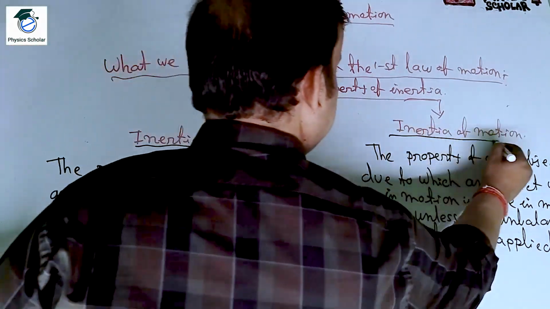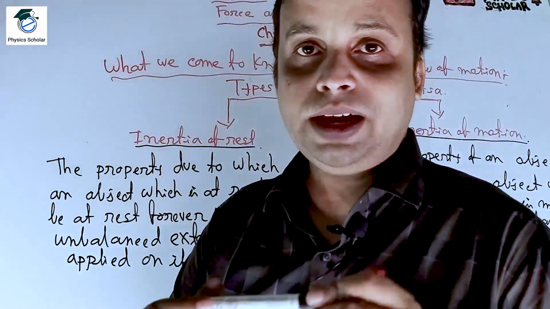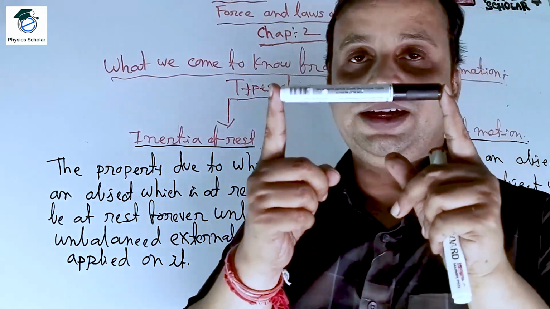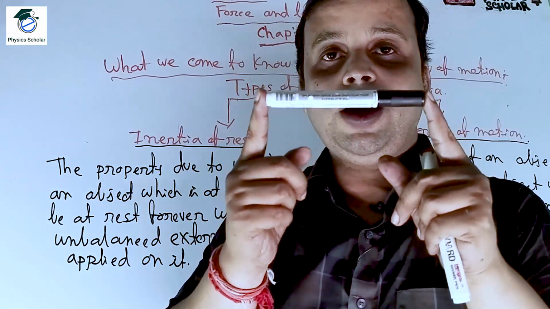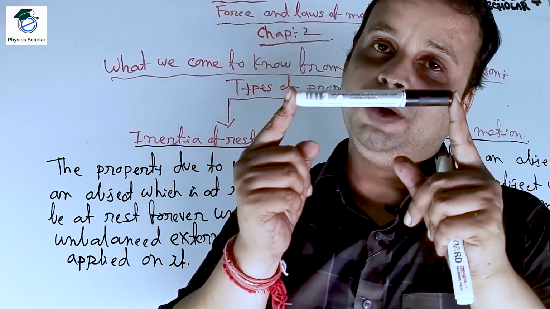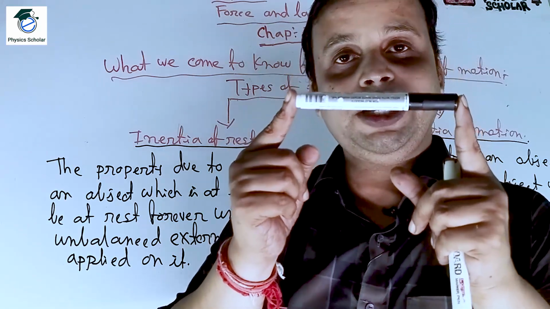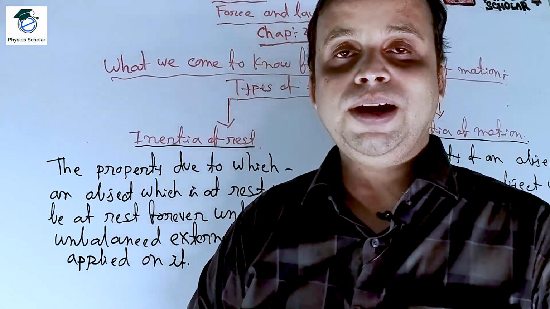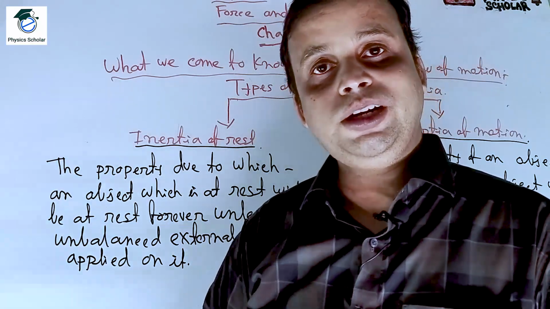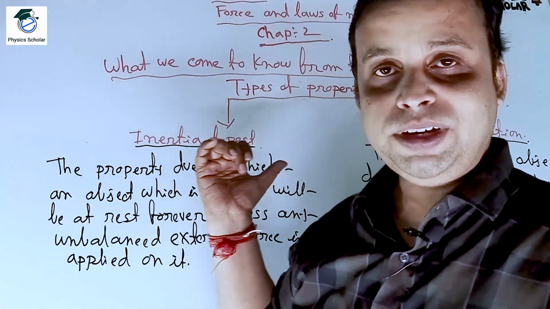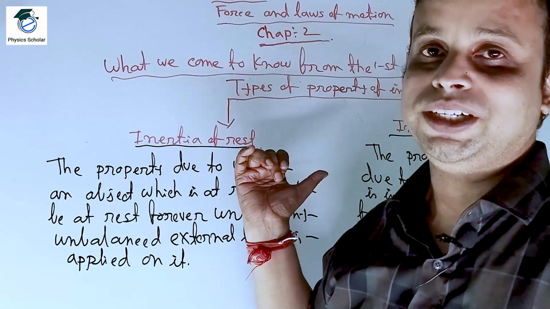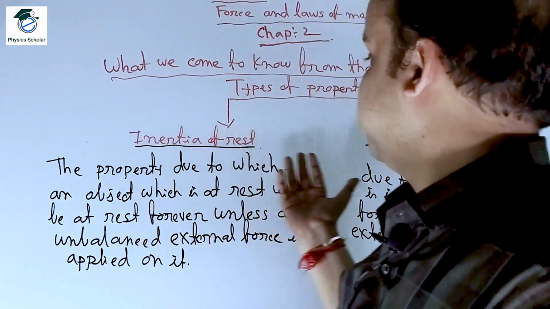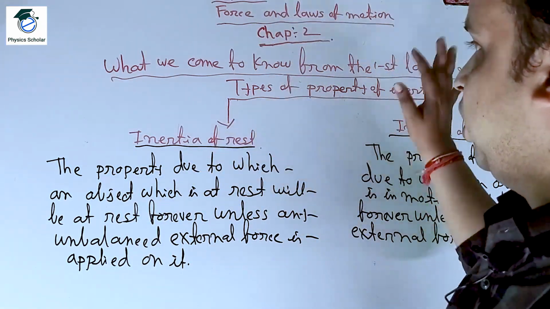So if an object is at rest and no unbalanced force is applied on it, it will be at rest forever. This property is known as inertia of rest. If a ball is moving and no unbalanced force is applied on it, then it will continue its motion forever. That property is known as inertia of motion. Inertia of rest, inertia of motion.